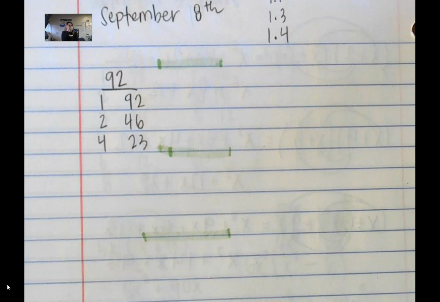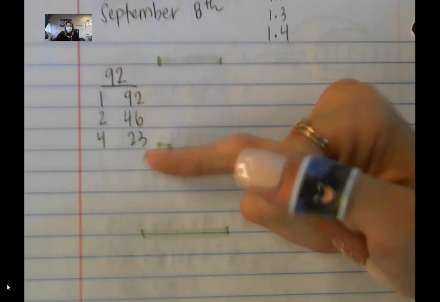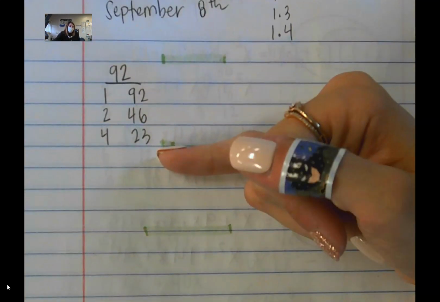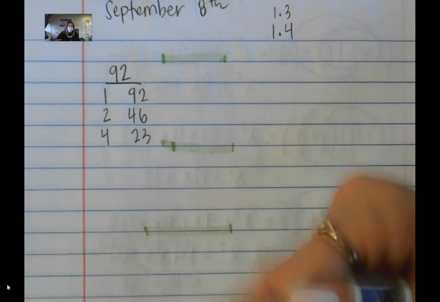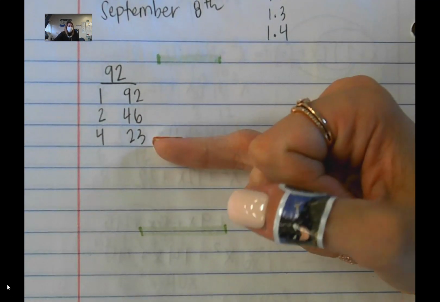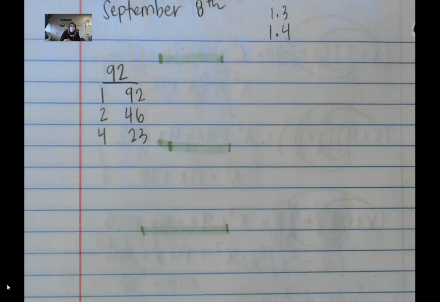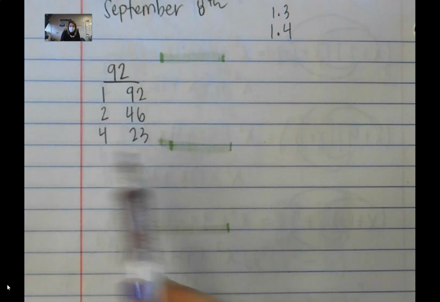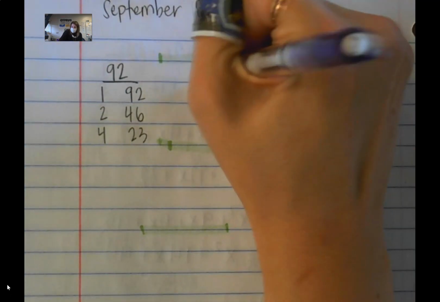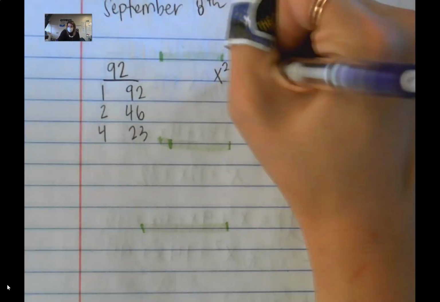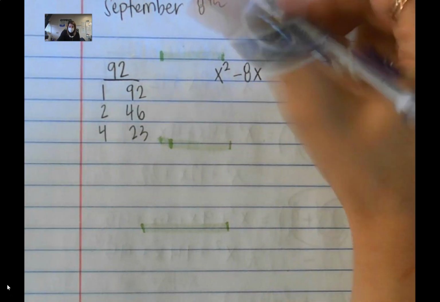So what I meant by what I did last time was I really went through and checked 5, 6, 7, 8, 9, 10, and I did go all the way to 23. So there are times where you have to check quite a few things before you know that you factored the whole thing. Okay, so the next thing that I want to do as like a warm-up is factor this trinomial.